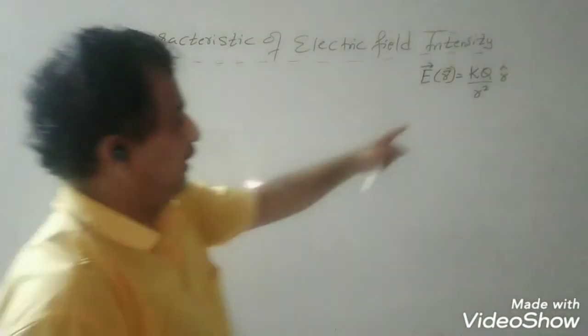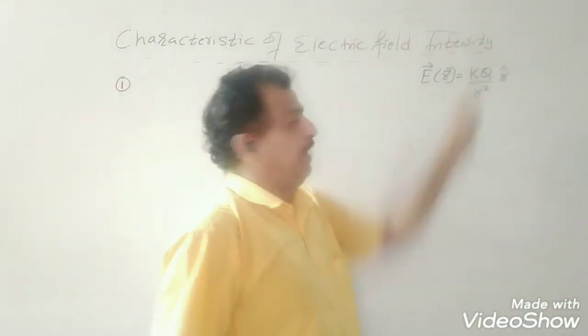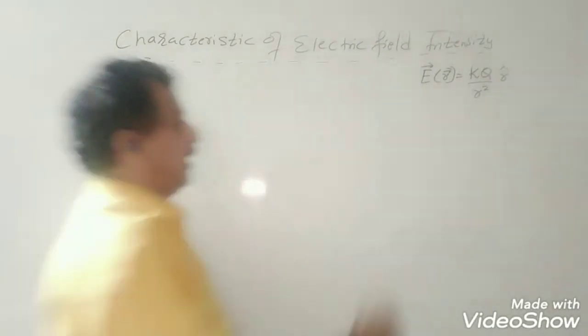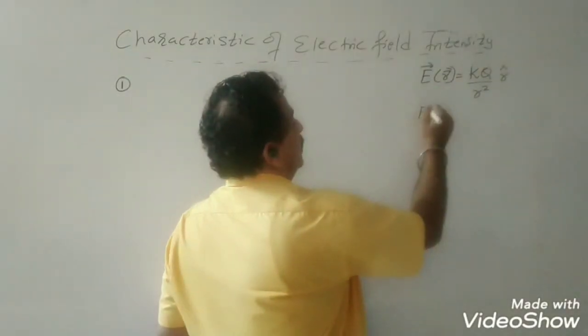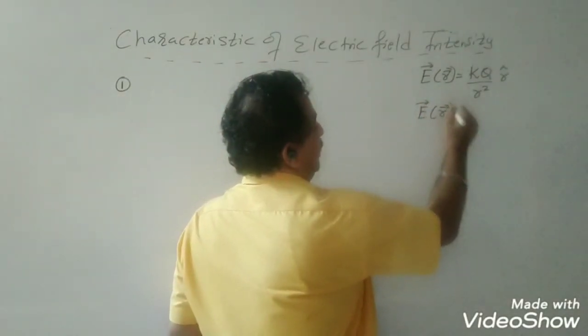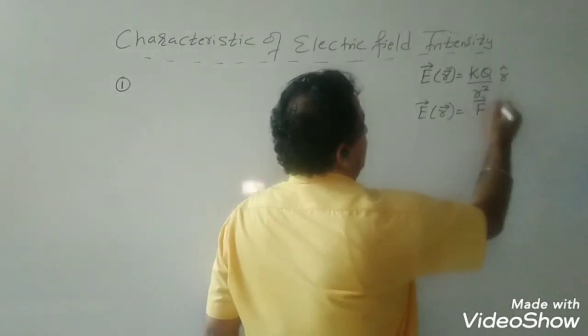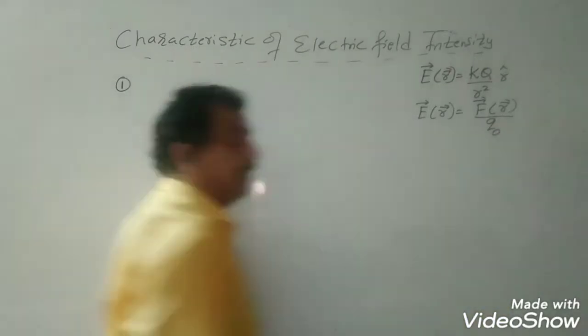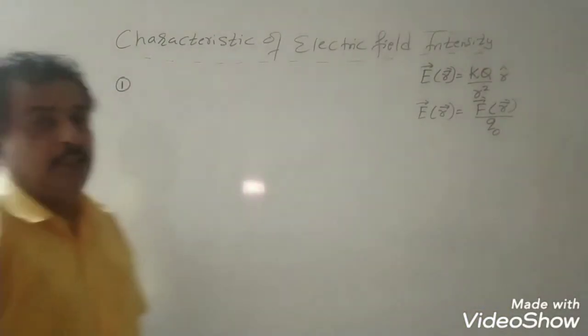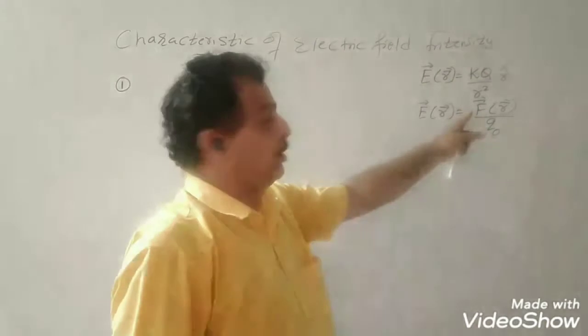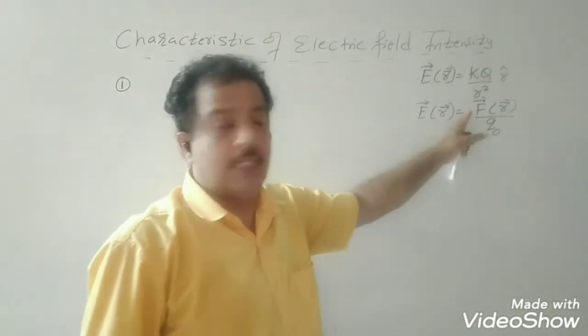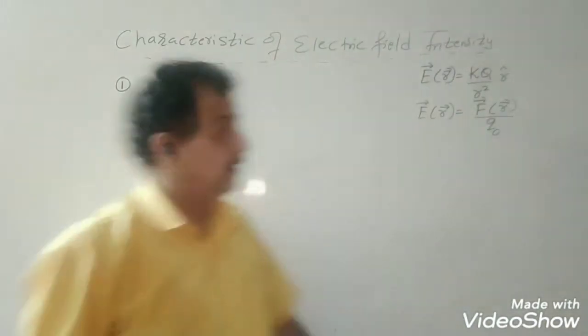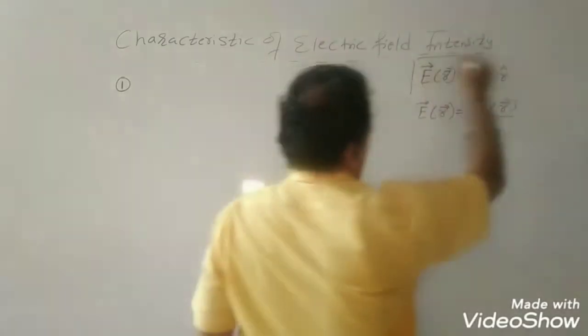This is the electric field intensity formula for a point charge. At the same time, the general formula for electric field intensity is the force acting on the test charge divided by the test charge. So we apply the Coulombian force between the two charges, the source and the test charge, and we divide it by the test charge, and we arrive at this relation.